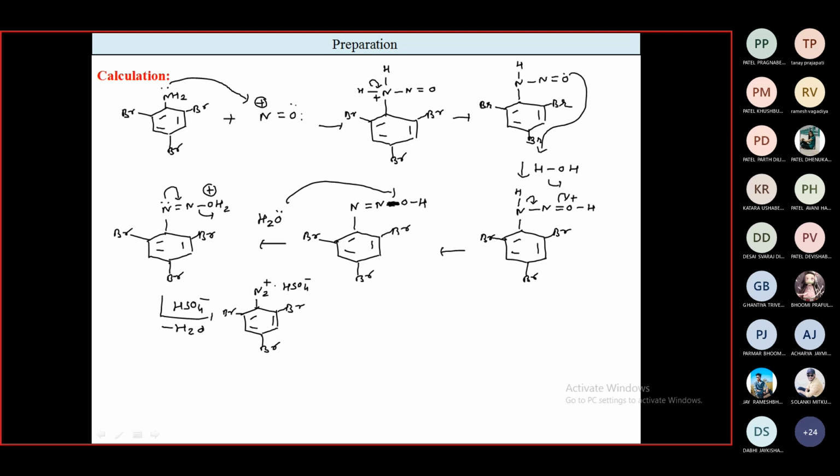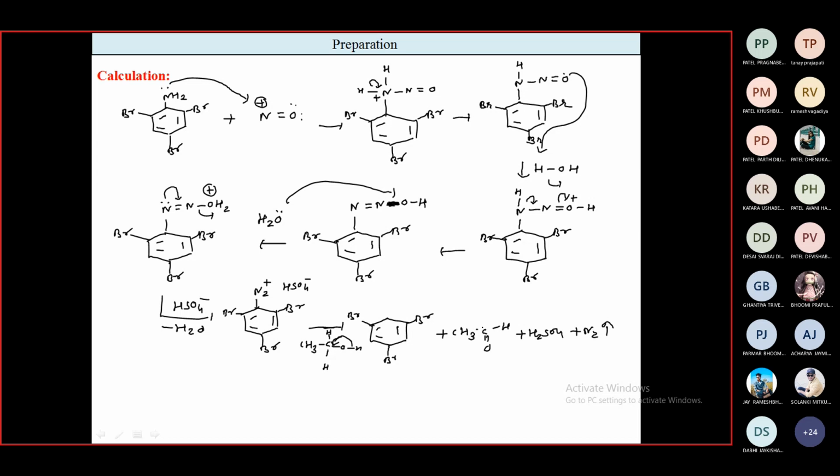And this salt, very easily, by heating, gets converted to tribromobenzene plus acetaldehyde, sorry, CH3CHO, plus H2SO4 plus N2 gas, by treatment with ethyl alcohol, CH3CH2OH, in this way.